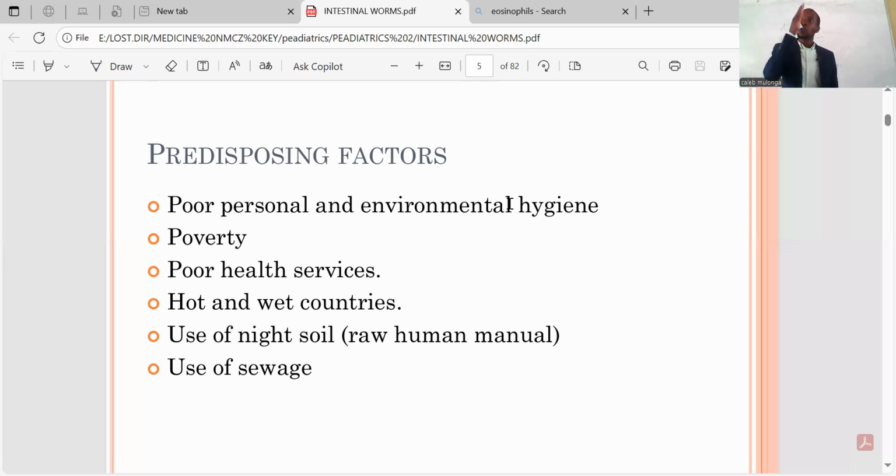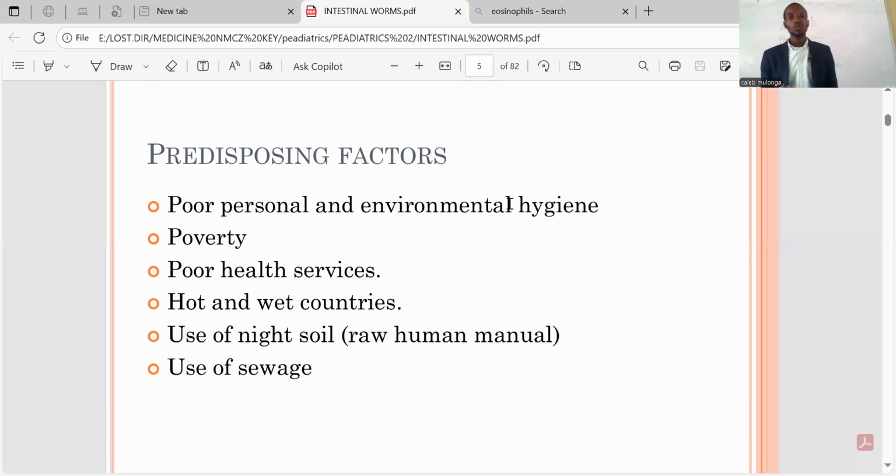So at the beginning of the year and mid-year, this child needs to deworm. But because of poor health services, because the mebendazole and albendazole of today's world may not be acquired easily from the facilities, these people will not have the privilege to deworm. So that is on poor health services.